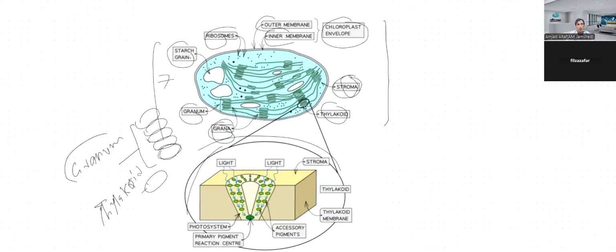This is the key subcellular structure responsible for photosynthesis, where both the light dependent reaction and the light independent reaction take place inside this chloroplast. If the chloroplast is not available, the organism cannot carry out photosynthesis. Remember, that's the key point we need to understand. So this structure is present in plants for the process of photosynthesis, right?